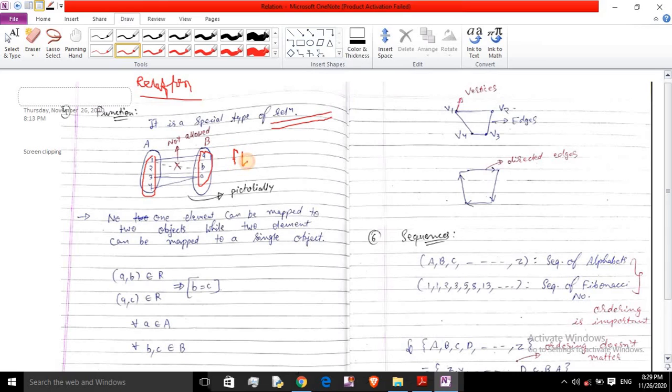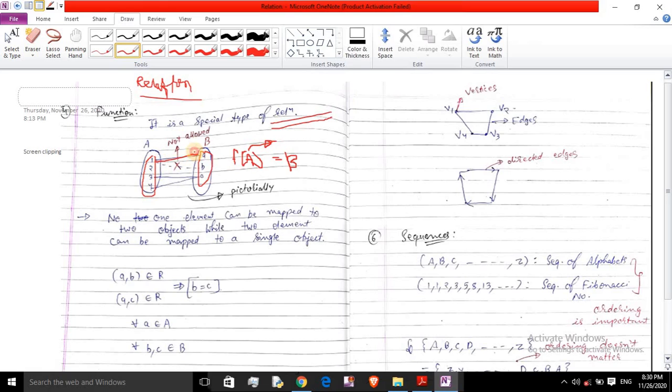If F of a equals F of b, there must be, for each unique value of A, a corresponding value of B. Now look at this.